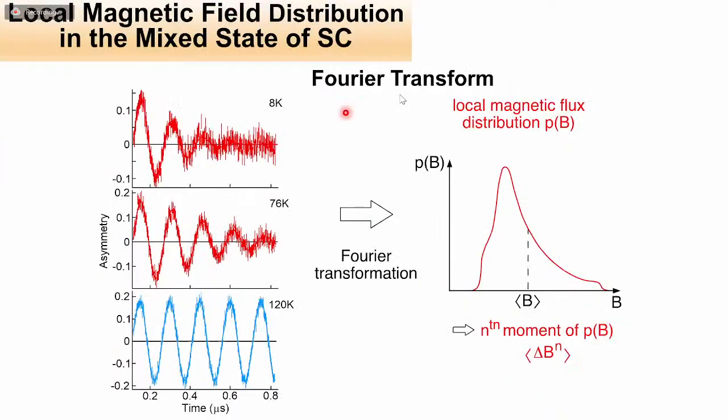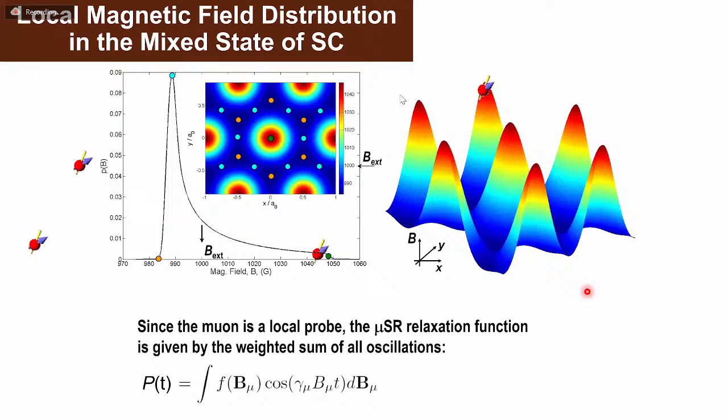And then μSR also can probe the local magnetic field distribution in the mixed state of high Tc superconductors. The μSR time spectra are transformed to the local magnetic field distribution as a function of magnetic field. From here, it can be visualized like this.